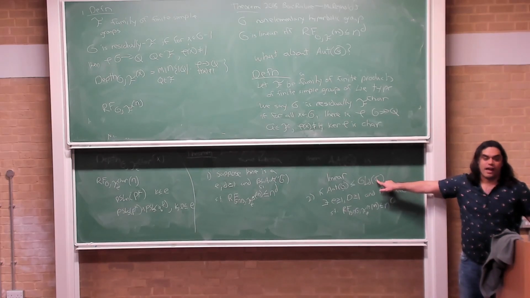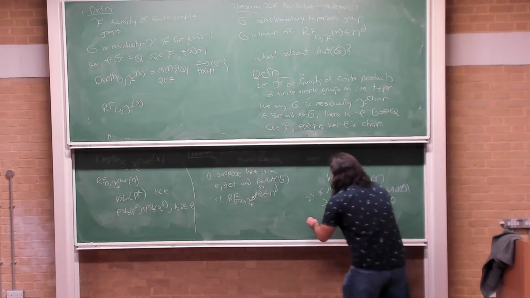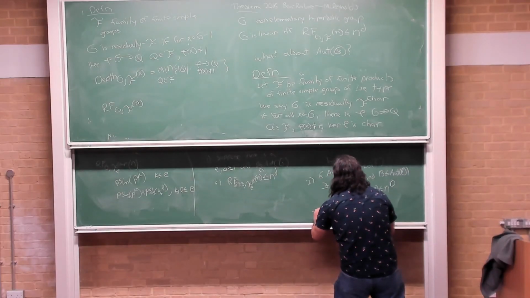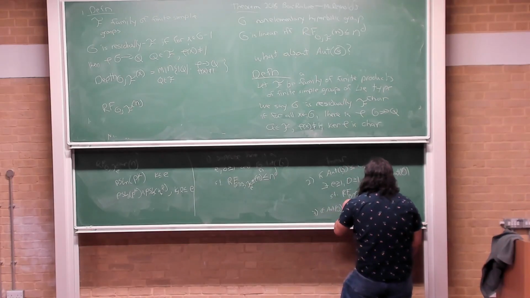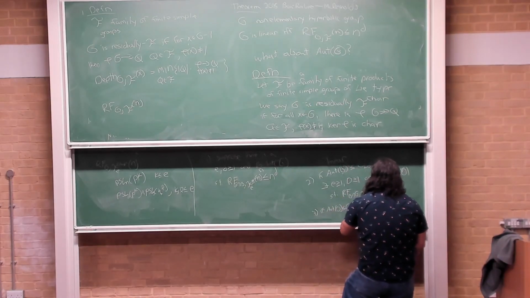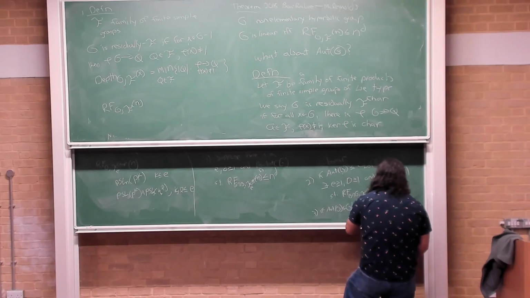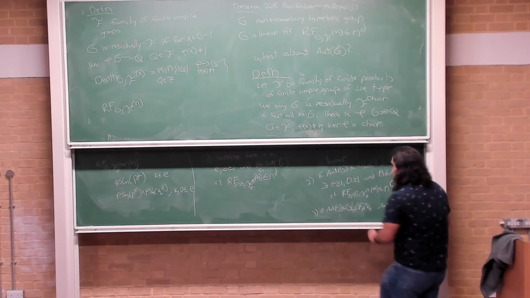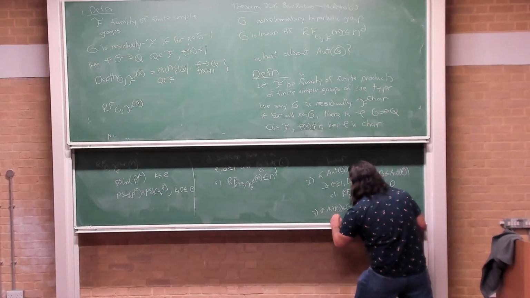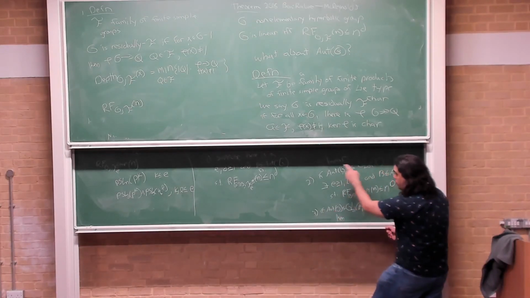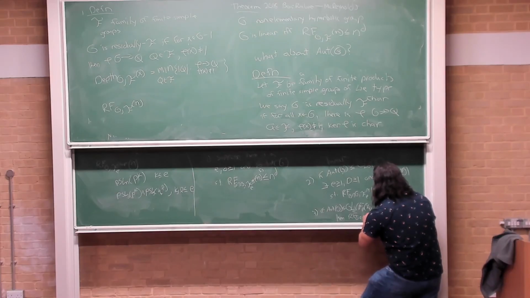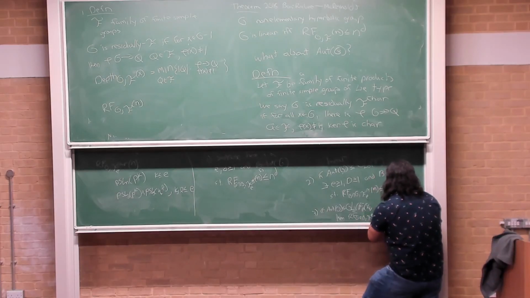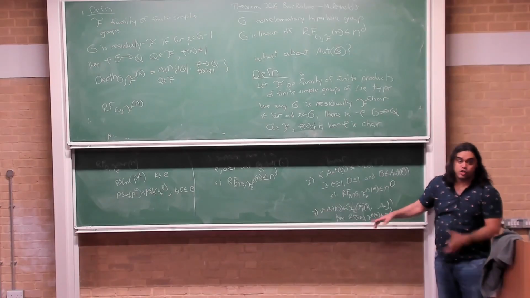If I put F_p bar here, so if G sits inside of GL_D(F_p bar), then same picture, but R_F(G) intersect B_F_E_N, so that you can't control the extension degree.